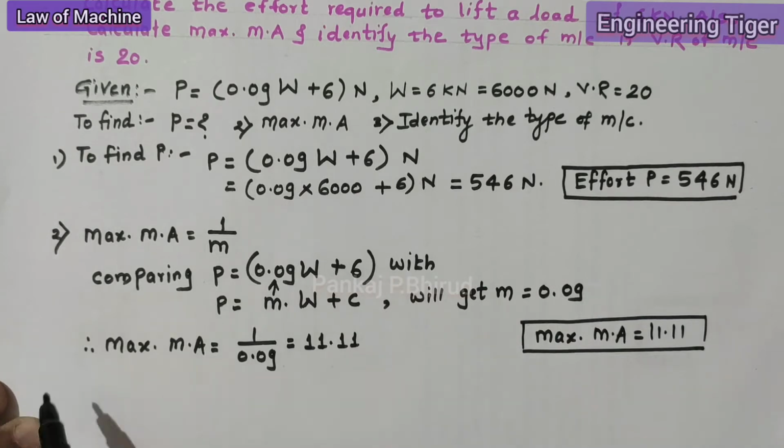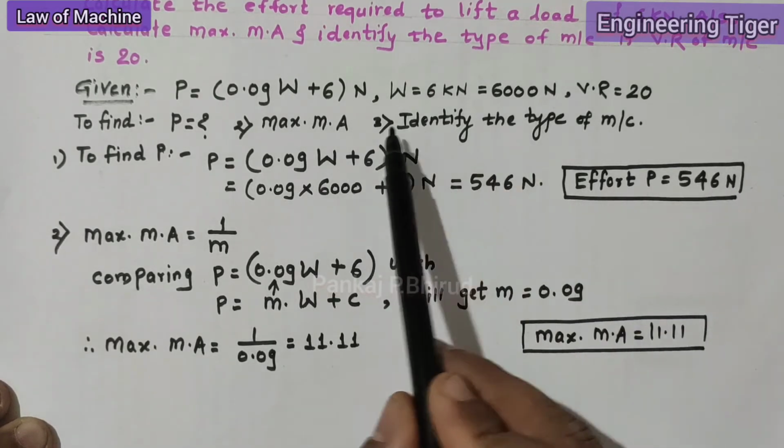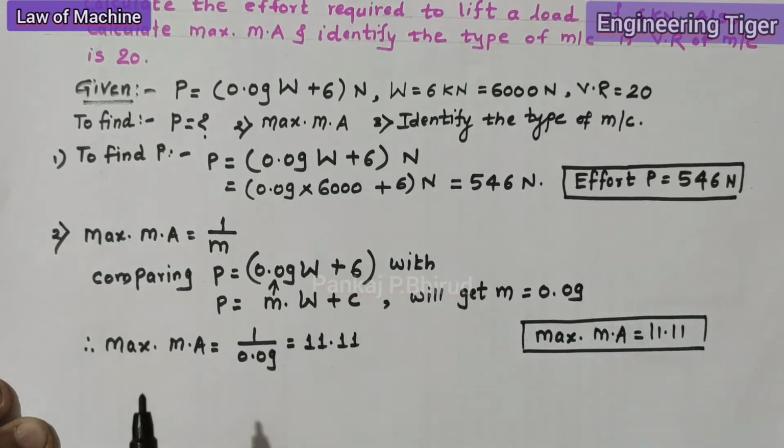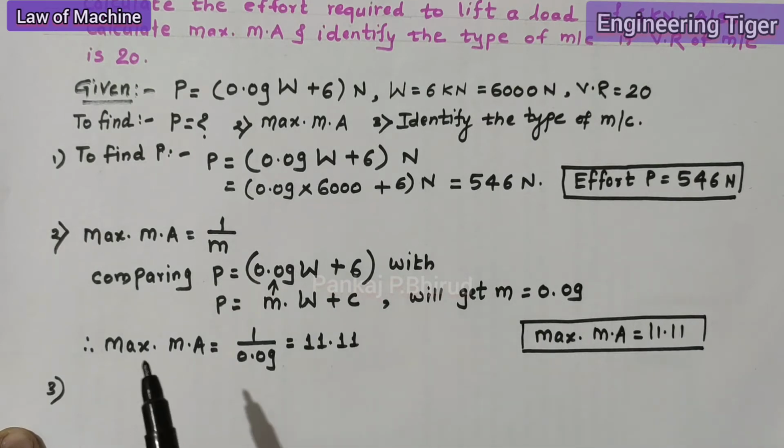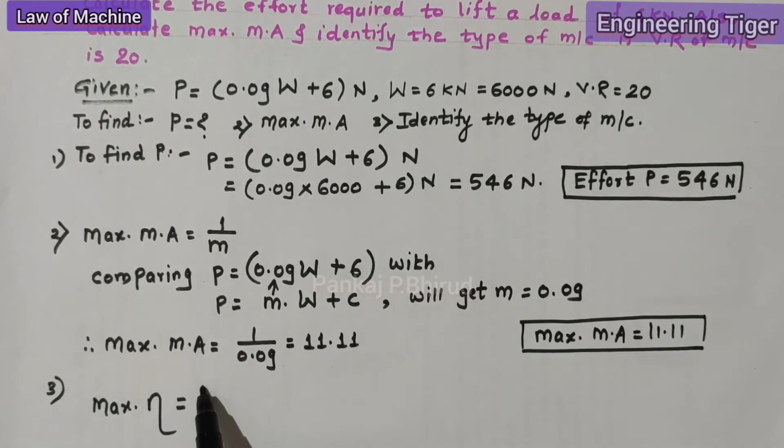Okay, now our third parameter is to identify the type of machine. So for identifying the type of machine, we require the efficiency of machine. So first of all, we will calculate the efficiency of a machine by using this maximum MA. That means we will calculate the maximum efficiency of machine. So maximum efficiency of machine equal to maximum MA upon VR into 100.